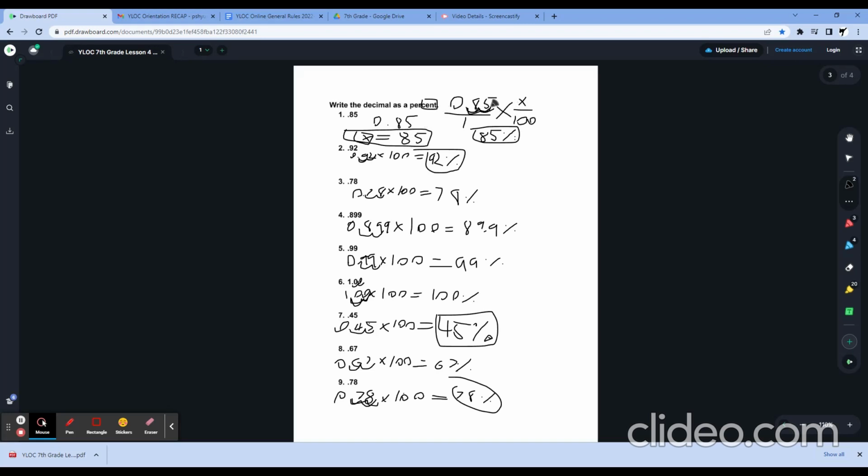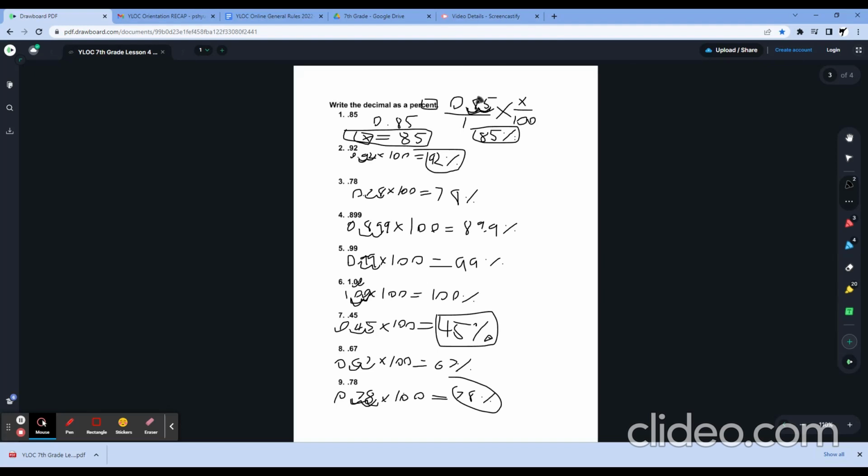And you could do this quickly by simply moving the decimal point however many places to the right as there are zeros in the value you are multiplying the decimal by. So for example, we are multiplying 0.85 by 100 in this question, and 100 has 2 zeros.